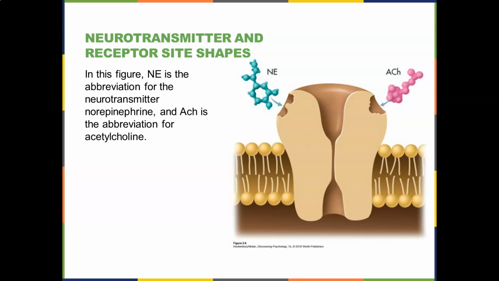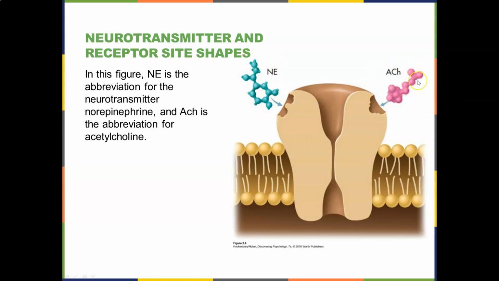Now, the reason I put this diagram in here is simply this. You don't have to memorize the names of these neurotransmitters. But what's important to know is each one has a specific shape. You can see that this one is shaped differently than this one.